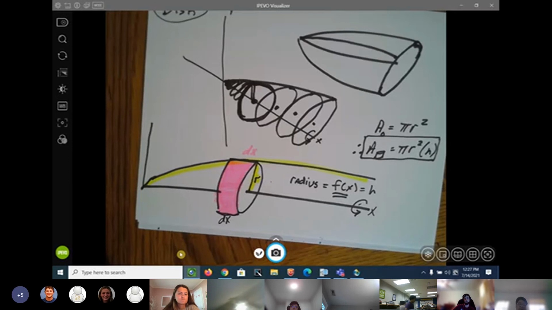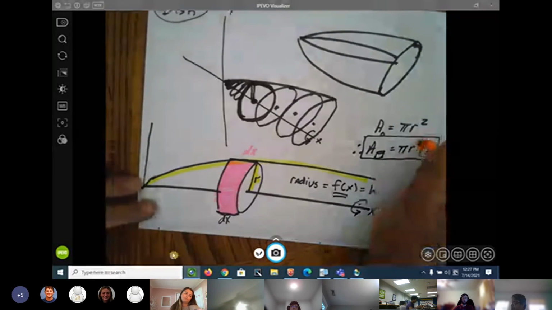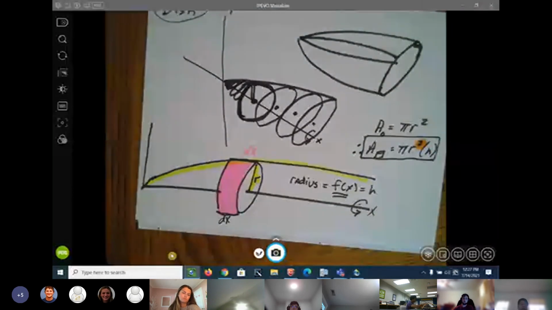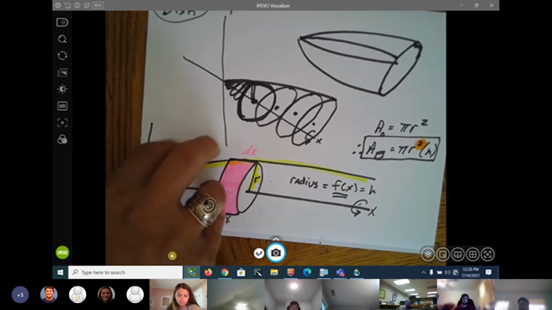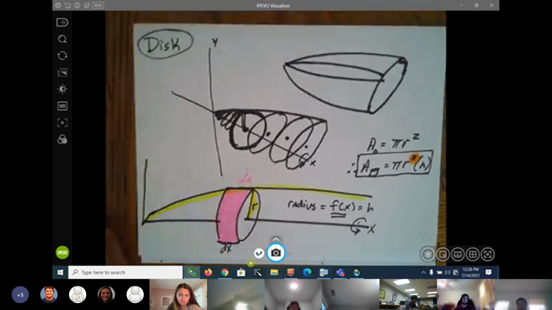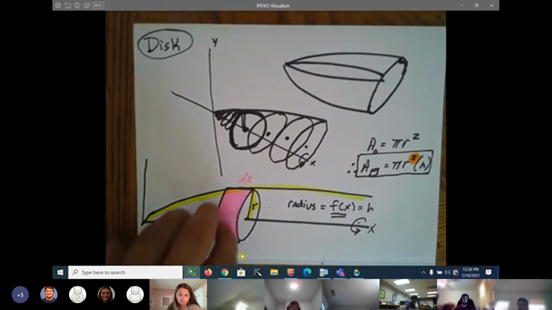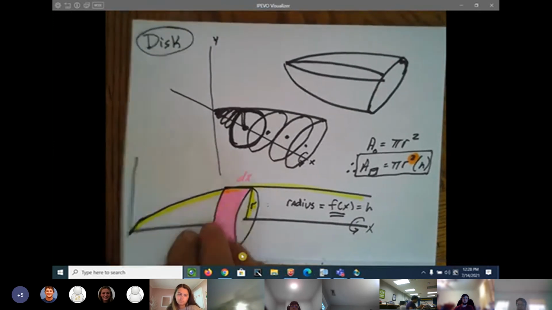Now, it's very important that you understand and highlight this square because you're going to forget it. So make sure you highlight the square. So for a disk, so take what we just said, and for a disk, what is the antiderivative setup?